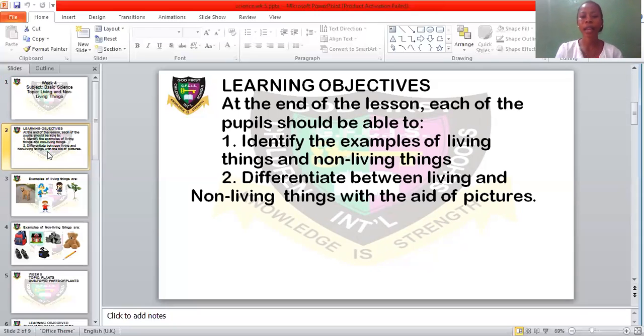Two, differentiate between living and non-living things with the aid of pictures.